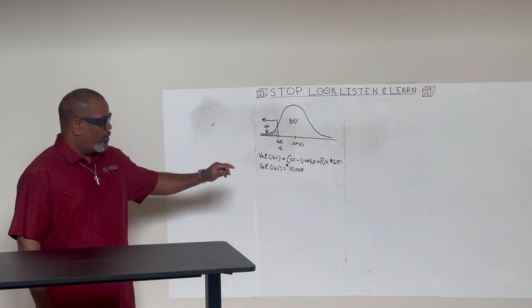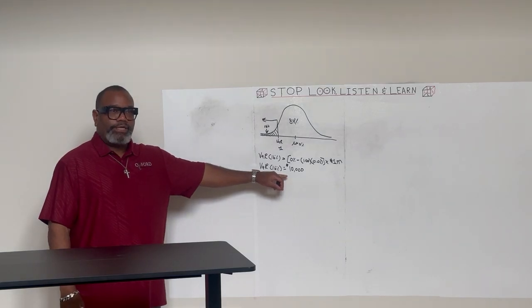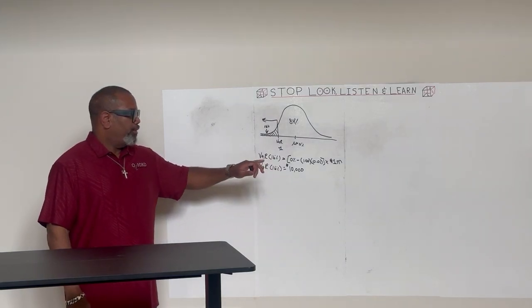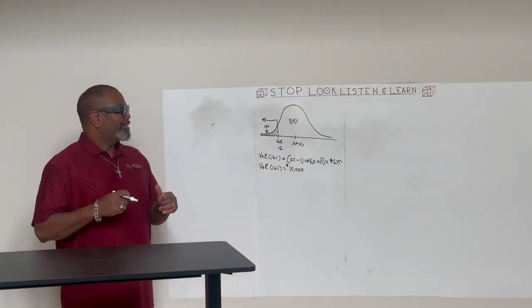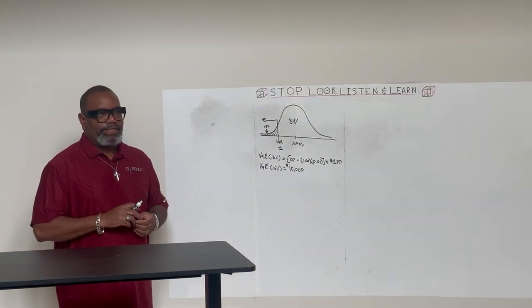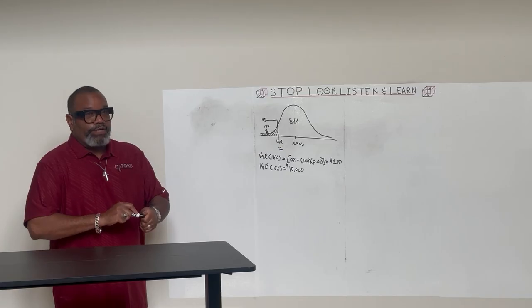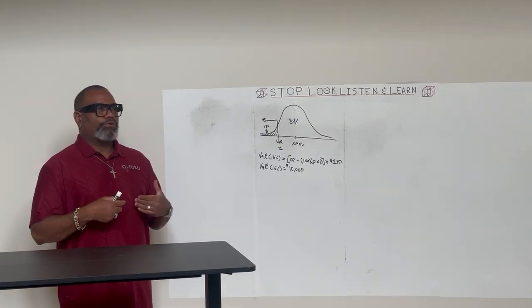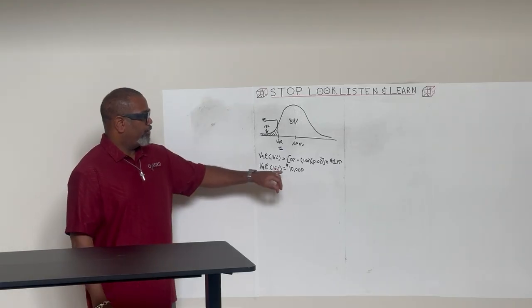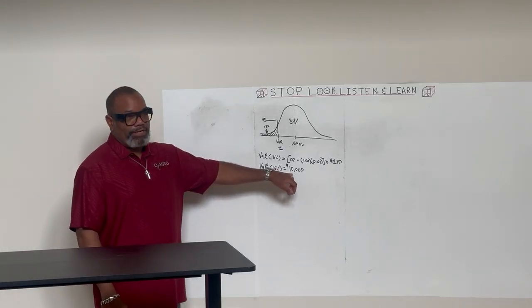Now, here's how you interpret this. You say that there is a 16% chance that over the next trading day, the losses that our portfolio sustains will be greater than $10,000.